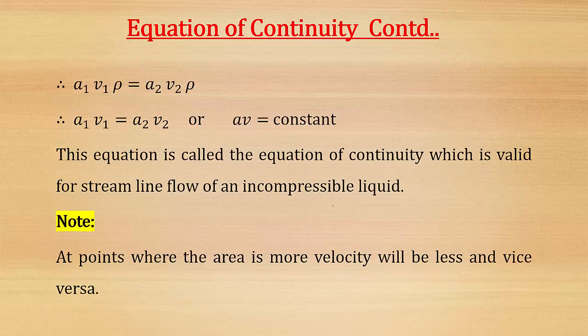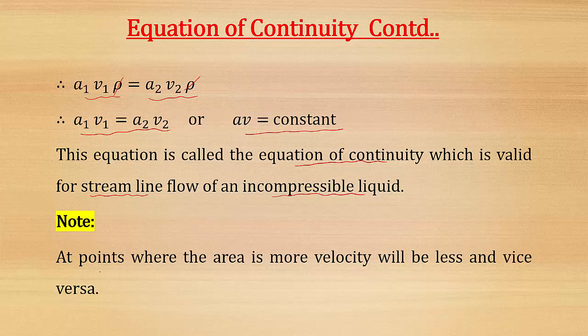always constant. So here it is again given A1 V1 rho equal to A2 V2 rho. Rho will get cancelled. We got this equation, or simply you can write A into V is equal to constant. This equation we are going to call the equation of continuity, and this is valid for streamline flow of an incompressible liquid.